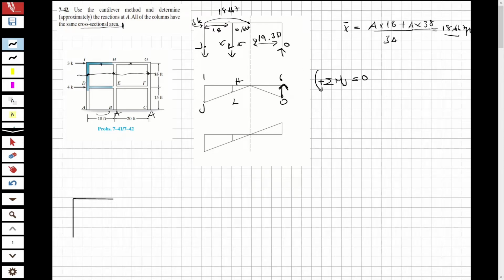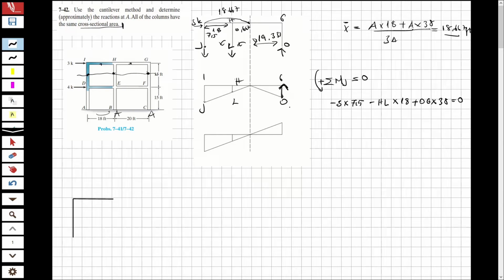And this is H, this is G. So minus 3 multiplied by 7.5, because this is 15 and this is 7.5 as the length, and minus HL multiplied by 18, and plus OG multiplied by 38 equals 0.